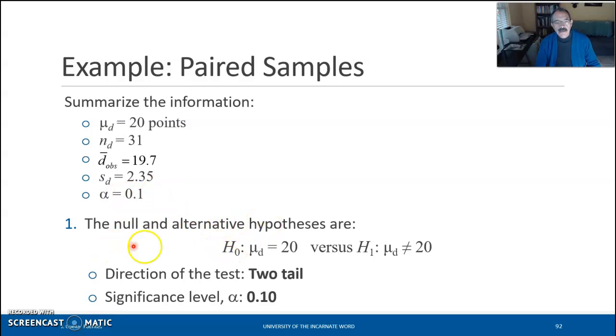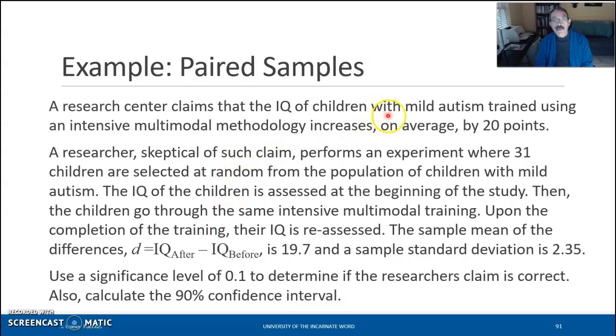Now, to establish the null and alternative hypotheses, you can go back to the statement of the problem, and you see that the claim is that this training causes the IQ to increase by 20 points. It's not saying more than 20 points or less than 20 points. It's simply saying 20 points. And the researcher performing the experiments just wants to determine if that is the case or not.